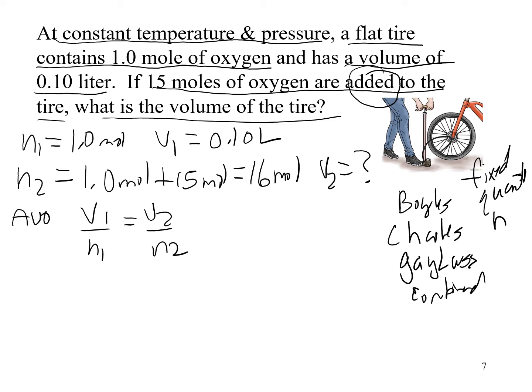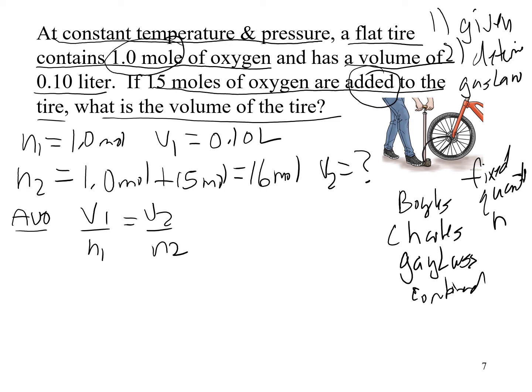So if I have a problem where we're discussing moles, Avogadro's law includes moles. That's a hint here. You wouldn't use any of the other gas laws. So you always want to write down first your given information. Second is determine which gas law to use.